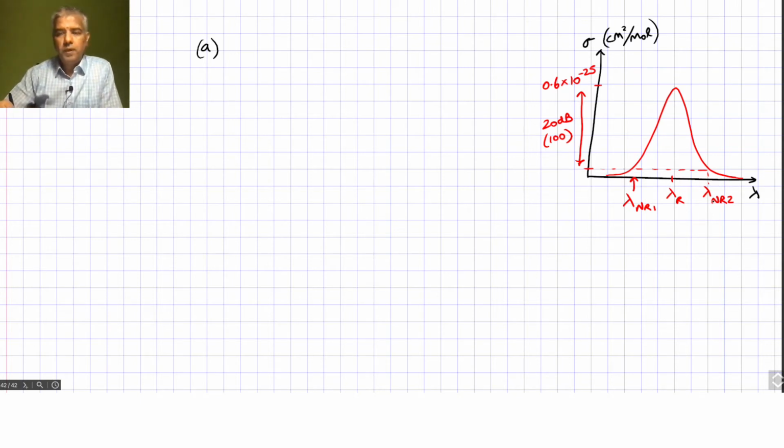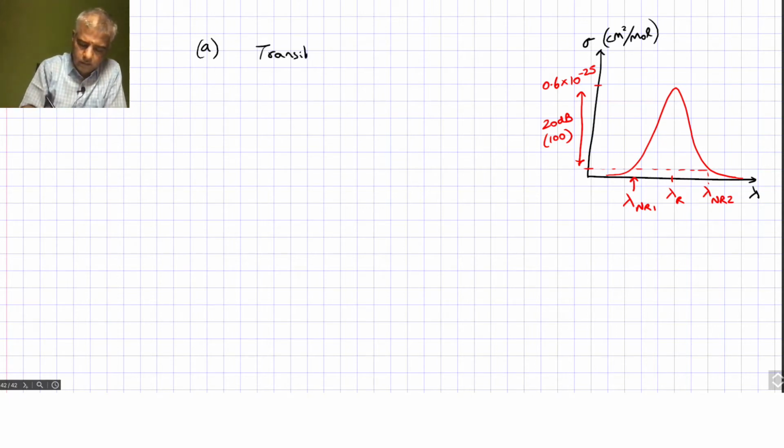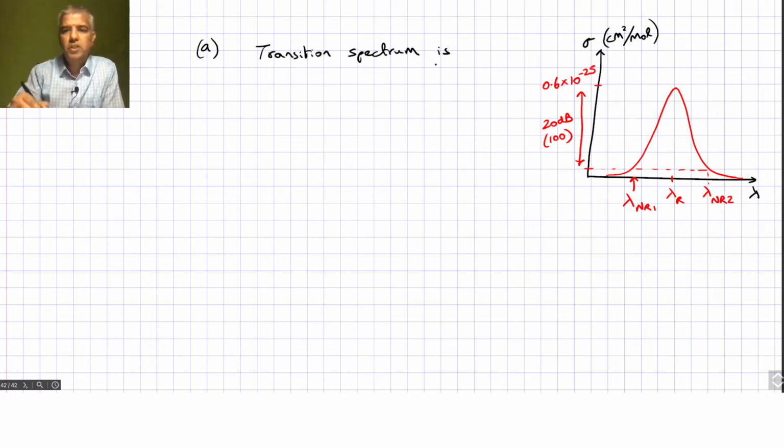So what we've been told is that the transition spectrum is Gaussian shaped, right?